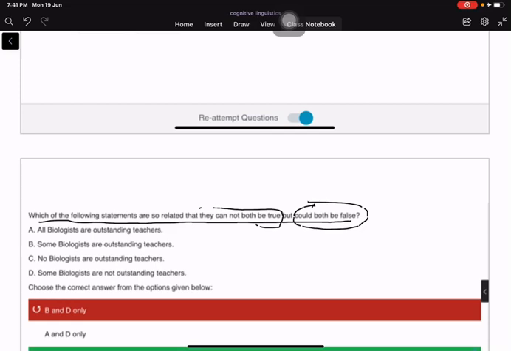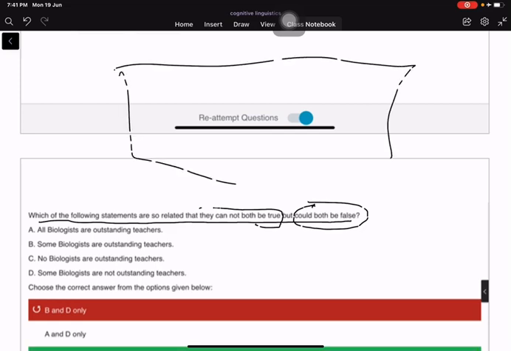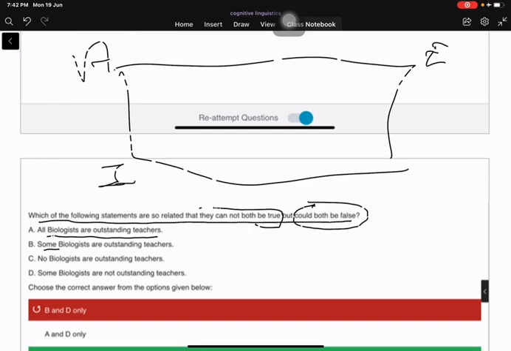So, that's A and E. All biologists are outstanding teachers, and some biologists. So this could be true. E could be true, and if this is true, this makes I true. A, E, I are going to be true.